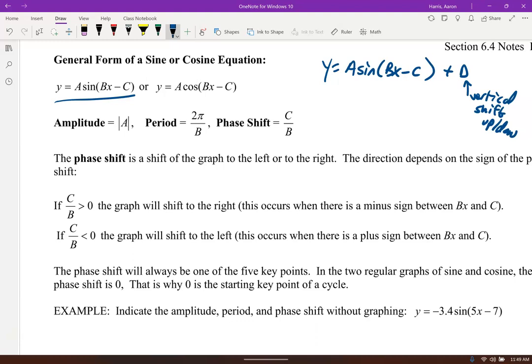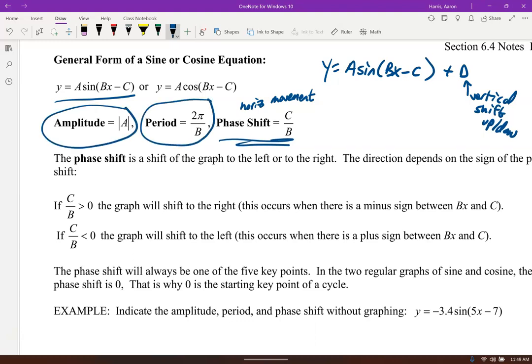Okay, this phase shift will be your horizontal movement, as well as stretch and compression. And the period is based off of the b, so the period is always 2 pi over b, and the amplitude comes from the a value, the absolute value of a. So the amplitude will affect your vertical stretch.